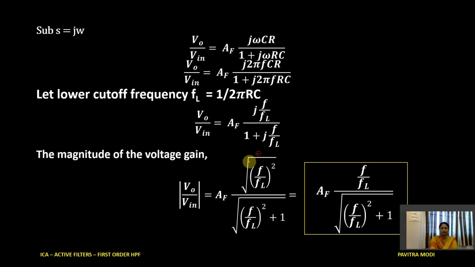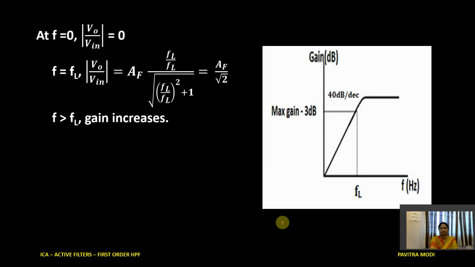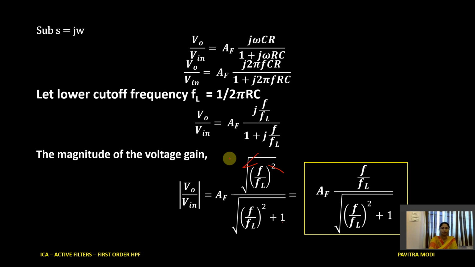And this root and the 2 get cancelled, therefore we will be left with AF into f by fL by root of (f by fL) whole square plus 1. Substituting different frequencies, for f equal to 0 it's going to be 0, and for f equal to fL this becomes 1 and this becomes 1, so it's going to be AF by root 2, and for f greater than fL the gain is going to increase and become constant.